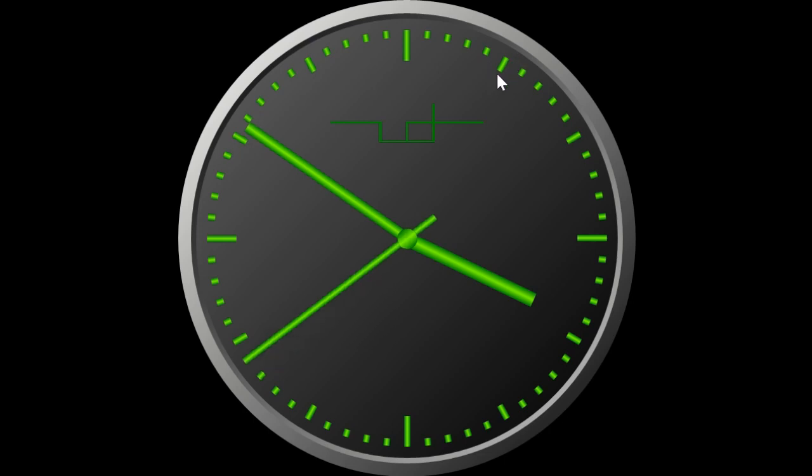This is 1 o'clock, 2 o'clock, 3 o'clock, 4 o'clock, 5, 6, 7, 8, 9, 10, 11, and 12. There are 12 hours on the face of a clock.